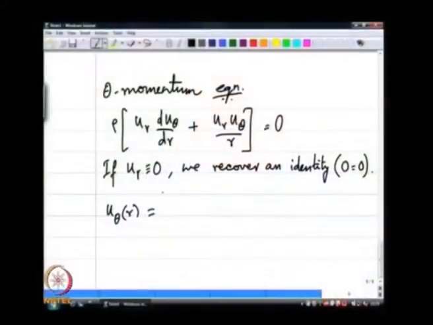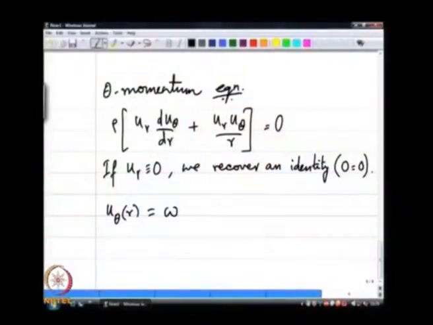Now, if I look at what are all the possible physical forms of u theta as a function of r, and this is not coming from inviscid theory but actually from viscous theory, but we will use it freely here. Essentially what you find is that u theta is of the form omega times r plus some gamma divided by 2 pi r.